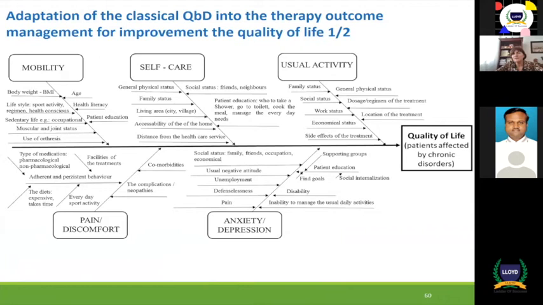And one interesting point I want to show, QBD methodology can be used not only in case of analytical chemistry, pharmacology, whatever field, but also in patient therapy. Here is the quality of life Ishikawa diagram. So if our aim is to reach quality of life, these are those elements: mobility, self-care, usual activity, anxiety, depression, pain, discomfort.